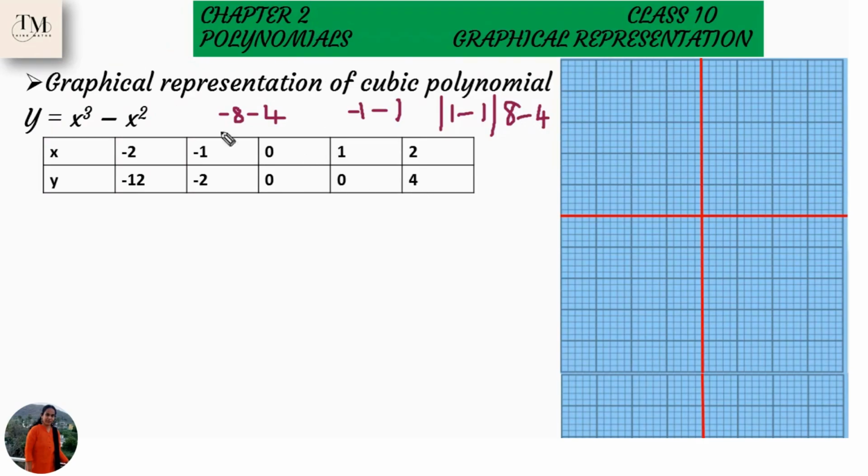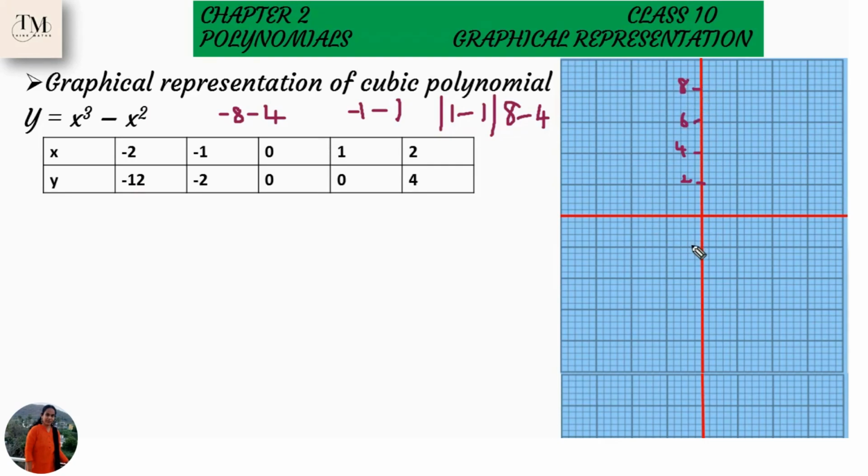So now let us plot the points. Here the y values go to minus 12. So for the scale, for each line on the y-axis I am going to take 2 points. So this is 2, 4, 6, 8.